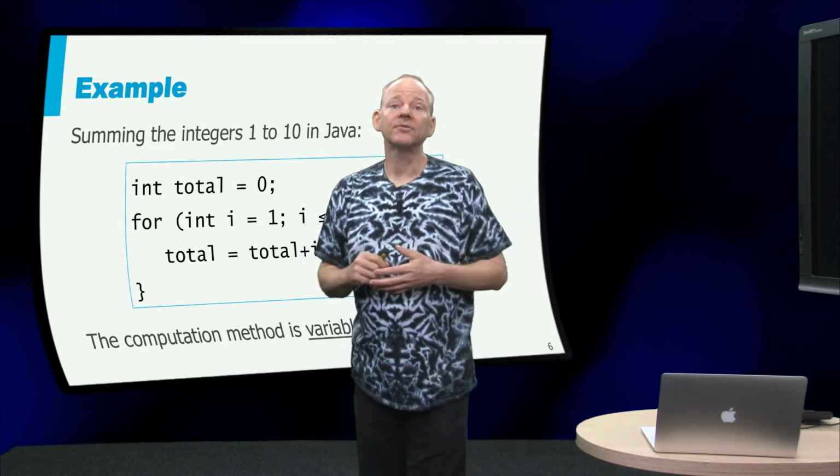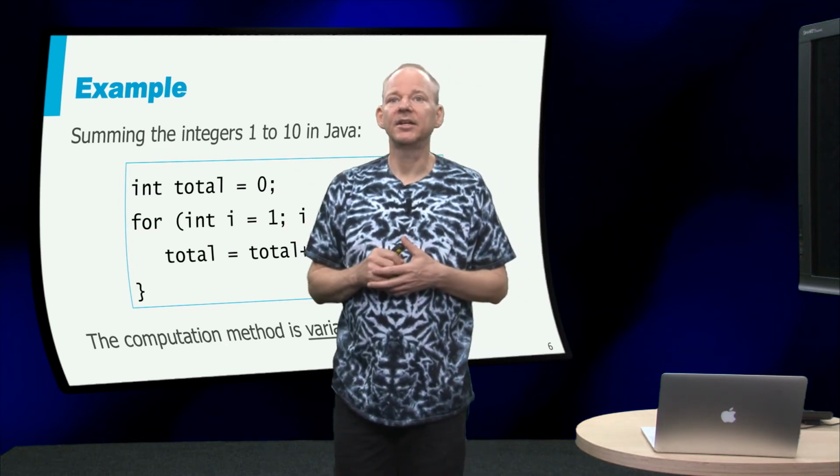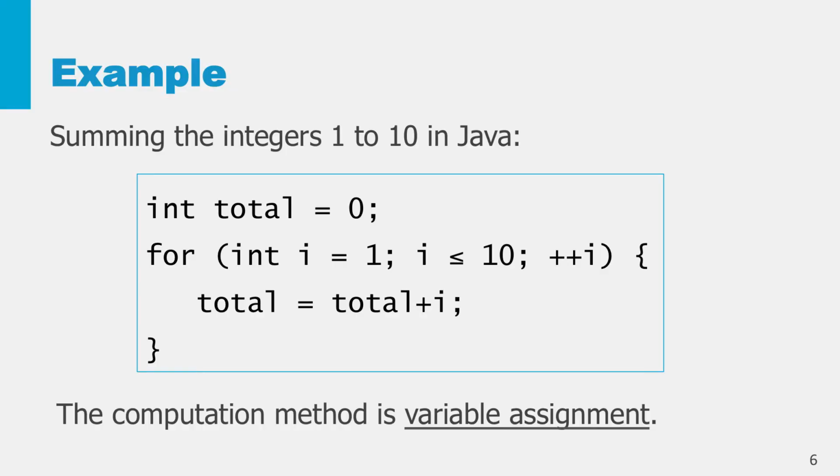So let's start with our first fragment of code here. This is some old-fashioned Java, where we're computing the sum of the integers from 1 to 10. So the way we do that, as I said, in the traditional imperative style, is by doing statements. The first thing we do is declare a variable, total, of type int. We initialize it with 0.